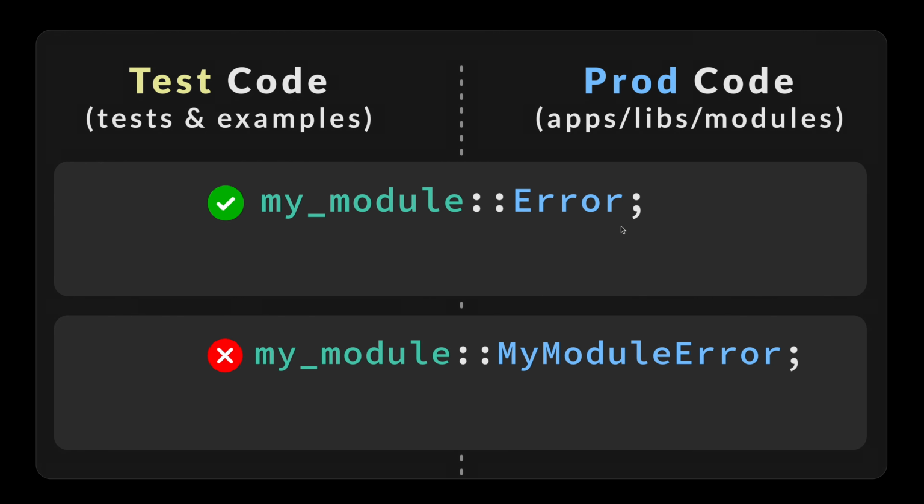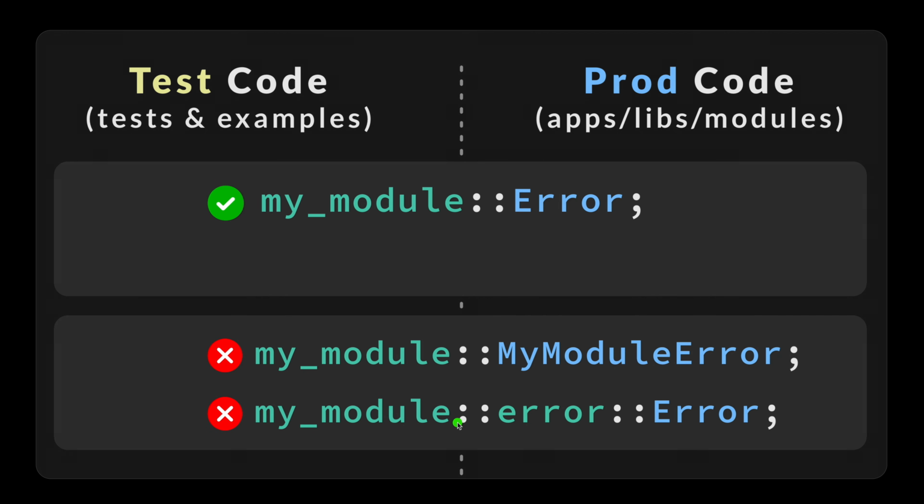And if I am in another module and I want to disambiguate, then I will import my module, and then I will write my_module::Error. One more thing I'm not doing is putting the error within an error submodule, because that would be redundant. And again, the Rust community right now is more or less normalizing on this pattern, which is actually the best of both worlds.